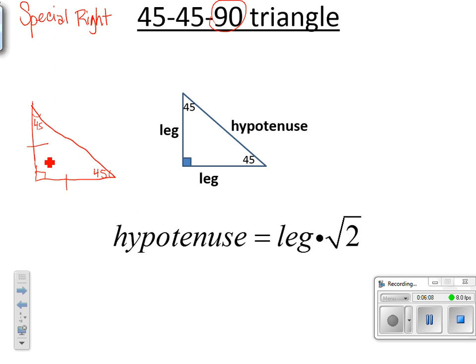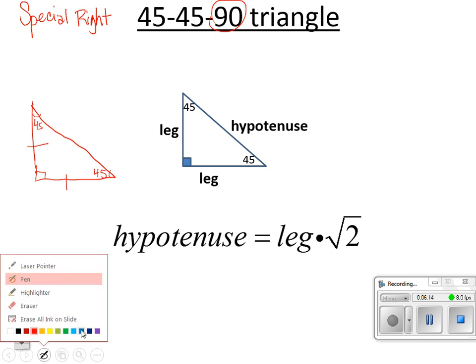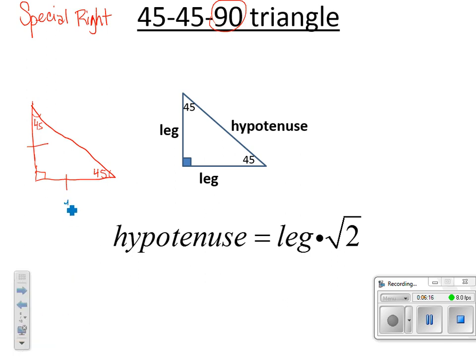So these side lengths are going to be equal. So say I make those side lengths 1 unit apiece. What would the hypotenuse be? Well, you already know it's the leg times the square root of 2. But here is why.